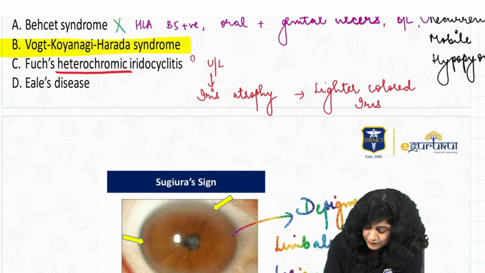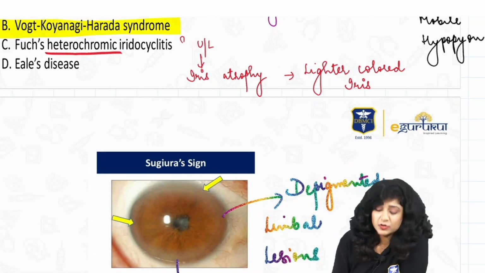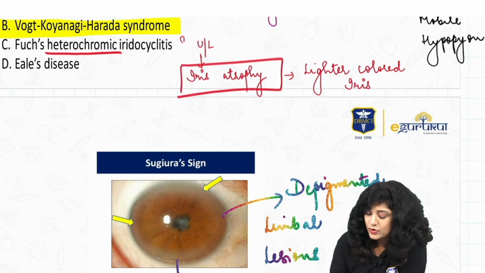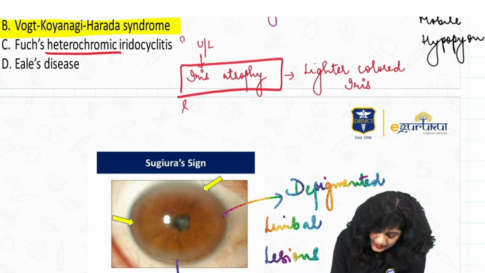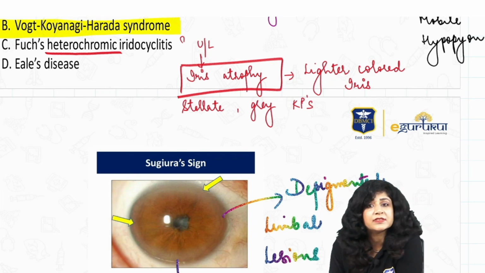So we will have unilateral attacks of uveitis where you have iris atrophy, a lighter colored iris, and, very important, stellate, grey colored KPs will be present here. No cutaneous involvement is there.